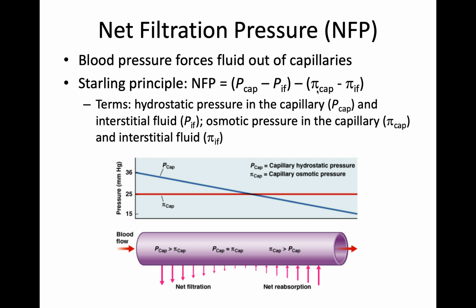Now, pi, if you remember, we talked about osmotic pressure a long time ago. Pi is representing something called oncotic pressure, which is the osmotic pressure of the larger blood proteins.